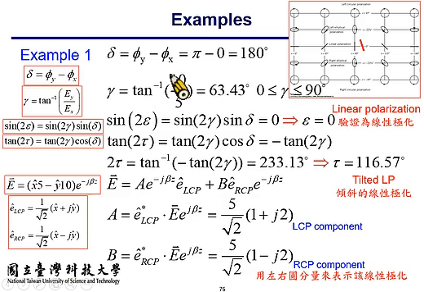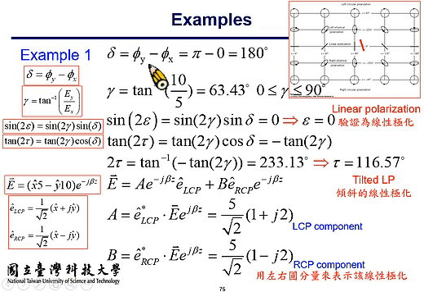The angle can be taken as the arctangent of 10 over 5, so it's 63 degrees. We know that gamma is between 0 and 90 degrees.